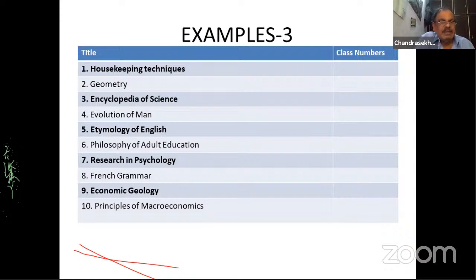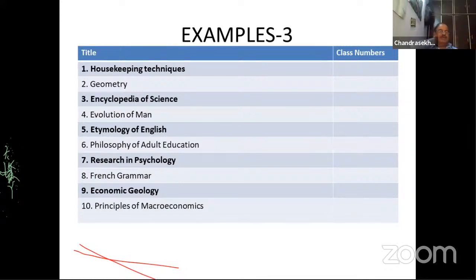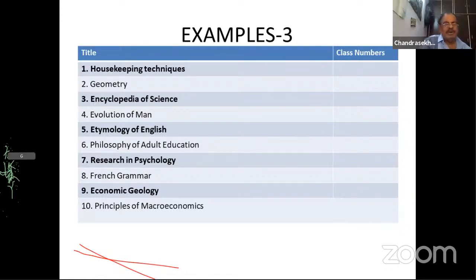Okay? Then what is the philosophy of adult education? So you know the number for adult education. 374. So philosophy is the standard subdivision 01, from table 1. 374.01.